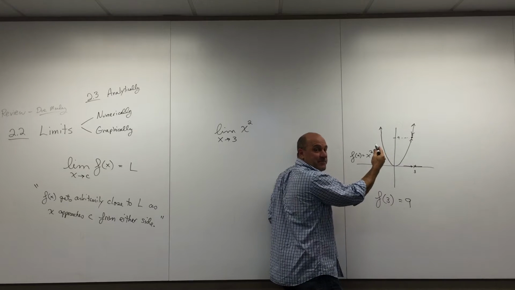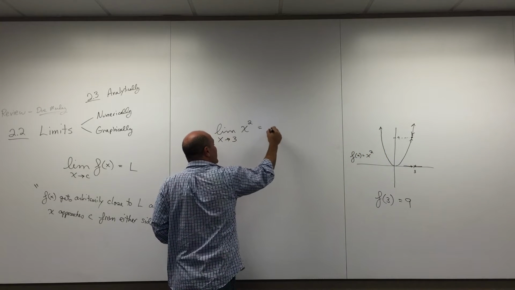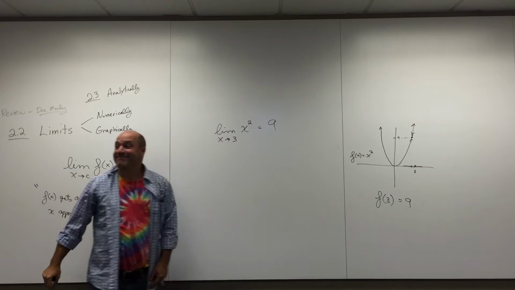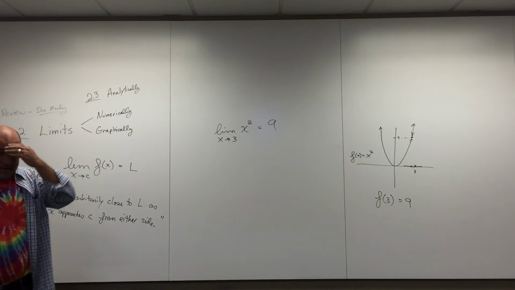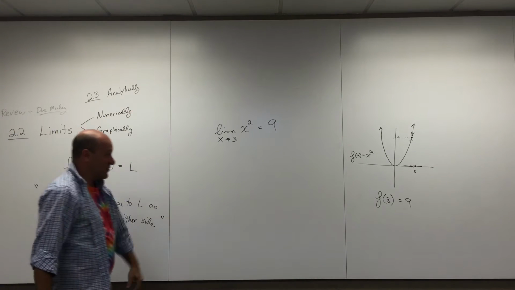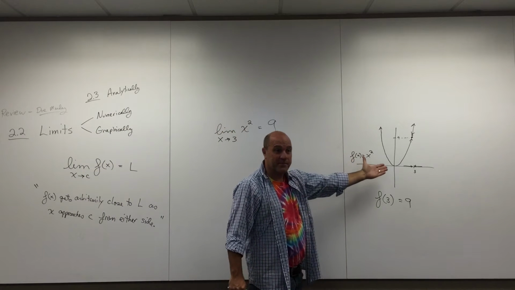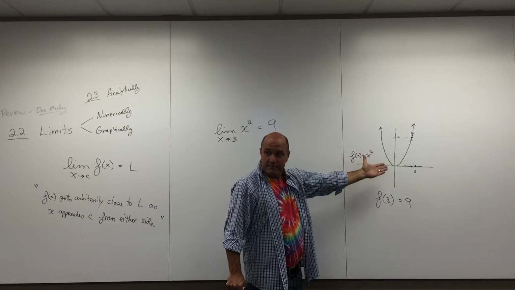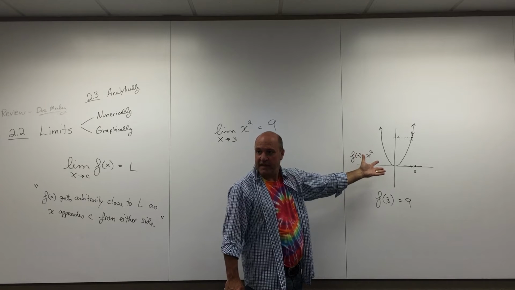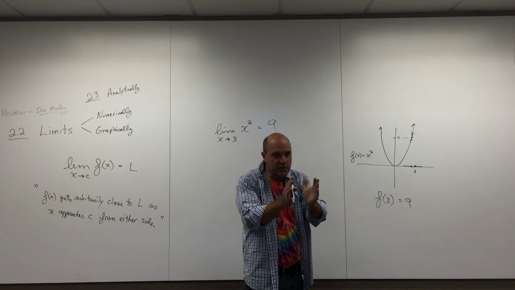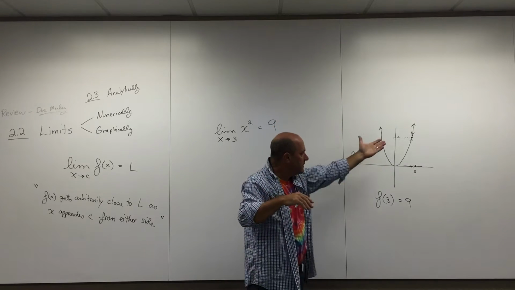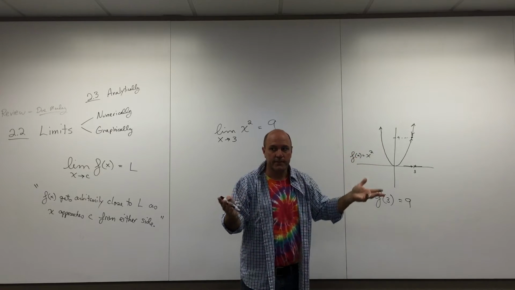Are you with me? So the answer to this is 9. Now, how did I just explain that? I explained it graphically, by analyzing this graph and thinking about it. As x gets really close to 3, what is y getting really close to? 9.